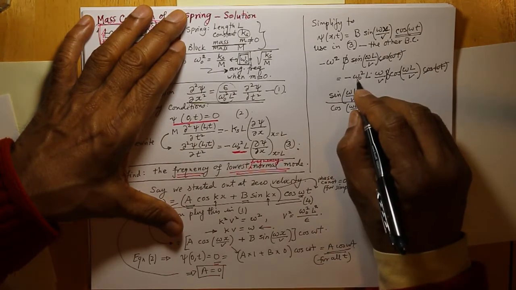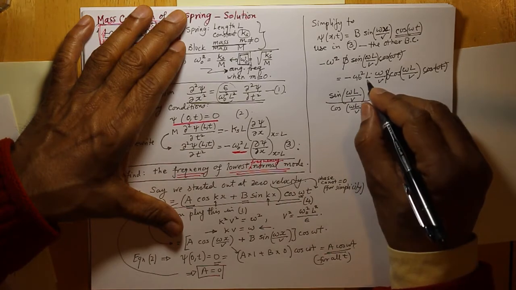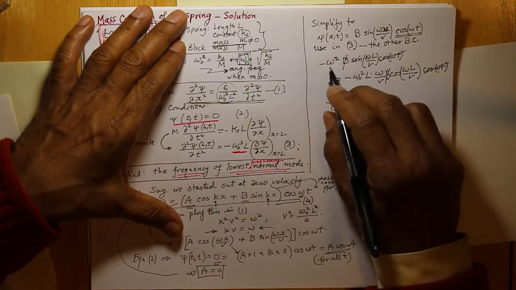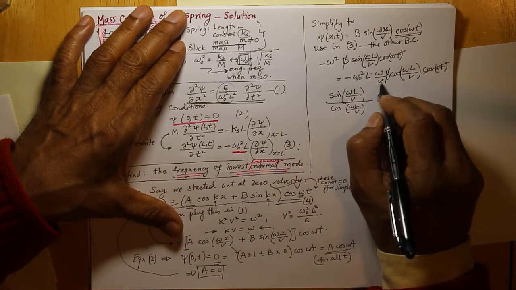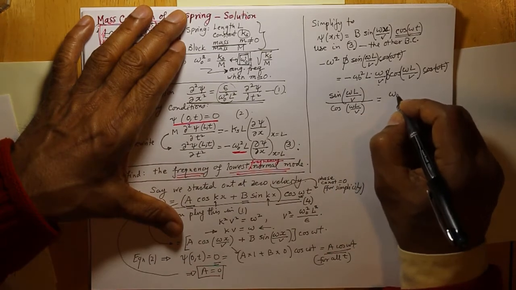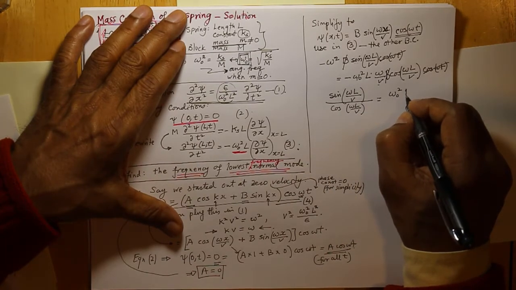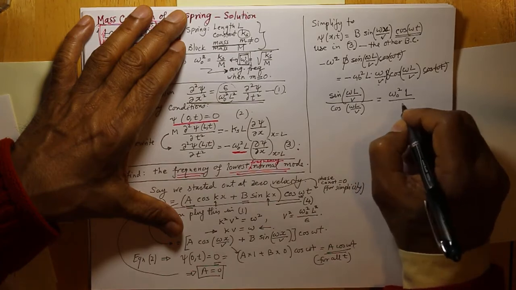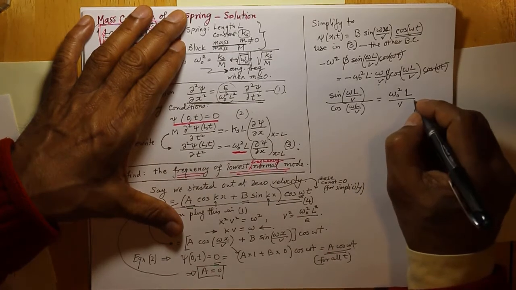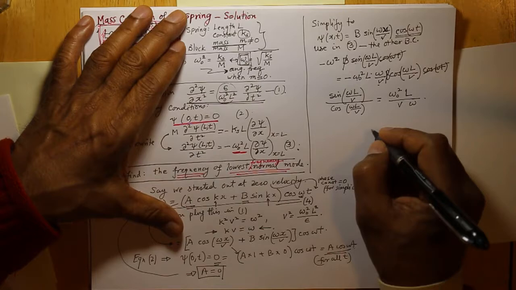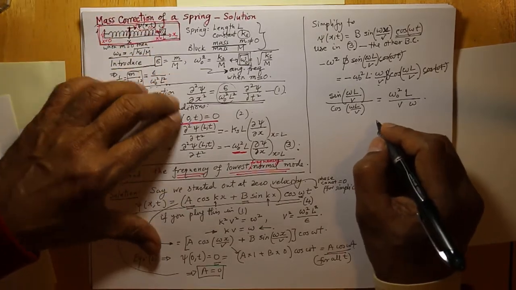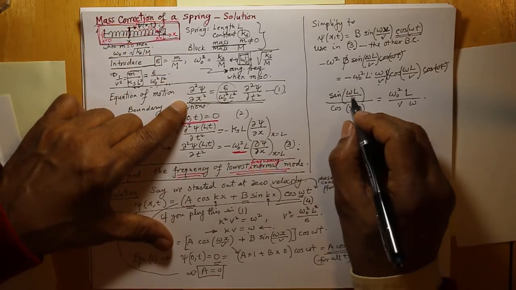Now the other side is omega naught squared L, and this omega squared comes down here, cancels one of them, so I get omega naught squared L over v times omega. Okay, let's see, this may simplify more.